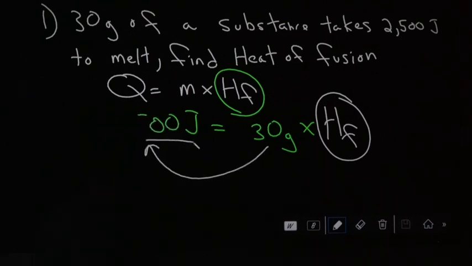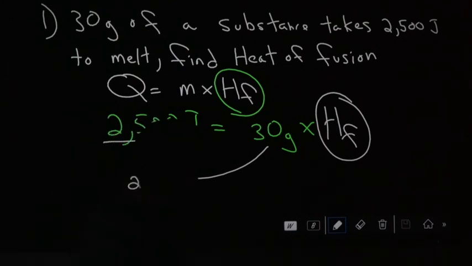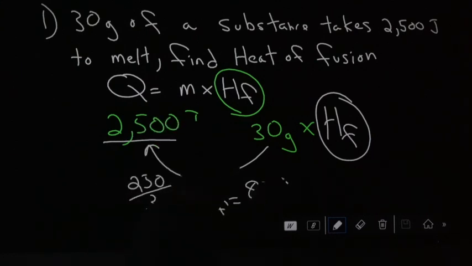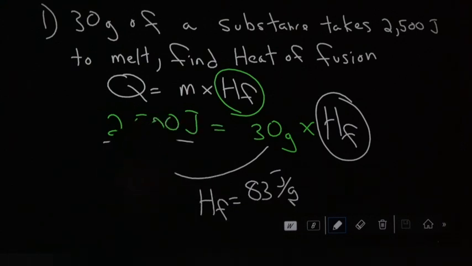You're going to knock the zeros off, so it's actually going to be 250 divided by 3. And when you do that, the heat of fusion equals 83 joules per gram.